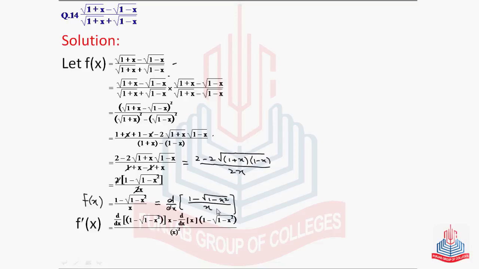So we use quotient theorem here, and that will be the square of the denominator, x whole square, x will be as it is, derivative will apply on the numerator, which is 1 minus square root of 1 minus x square, minus, then derivative will apply on x, and 1 minus square root of 1 minus x square will be as it is.